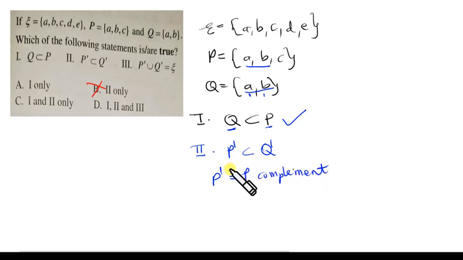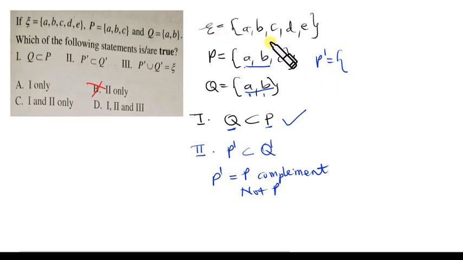When we say P complement, it means the set of elements in the universal set that are not in the set P. So P complement means not P, that is the elements that are not in P. Within the set P, we have A, B, C.